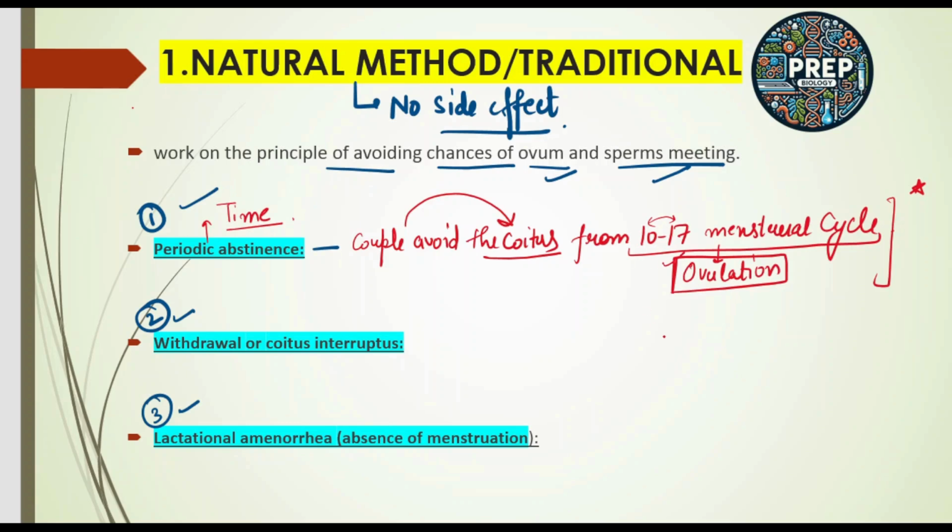Because in this period the chances of ovulation and fertilization are maximum, so it is called the fertile period.